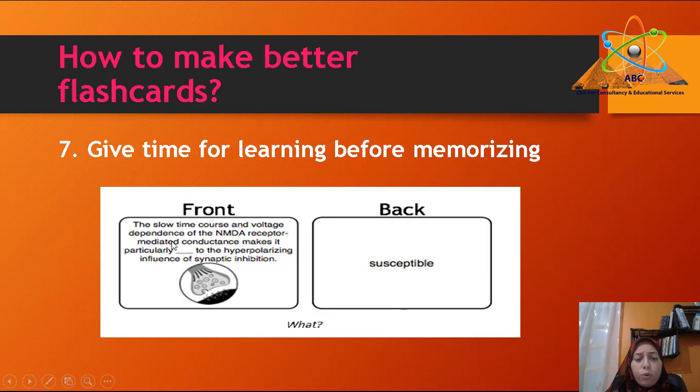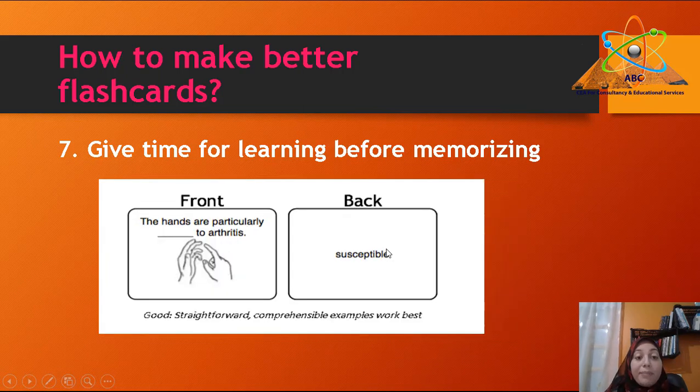The slow time, force, and voltage dependence of the NMDA receptor mediated conductance makes it particularly what to the hyperpolarizing influence of, what the hell is that? I can't understand all these words. But I can make it simpler like this: the hands are particularly what to arthritis? It is susceptible. So this is straightforward, comprehensible. Okay?